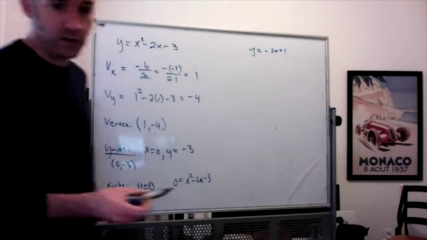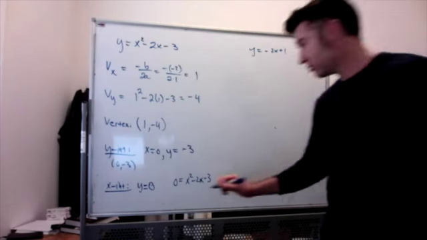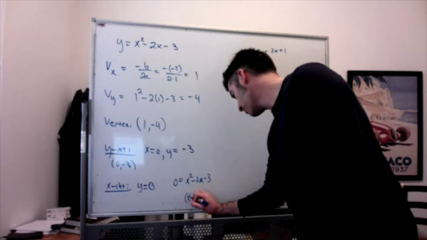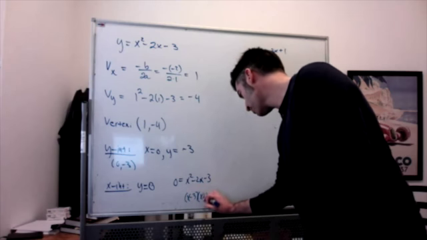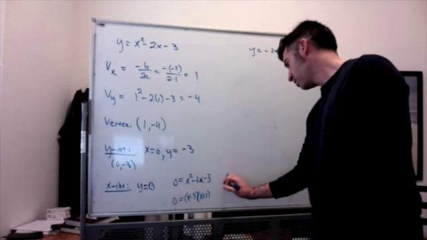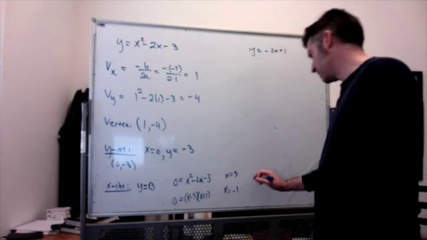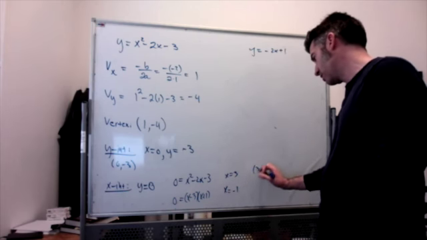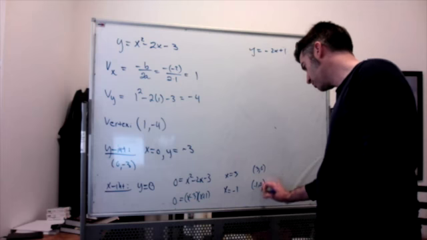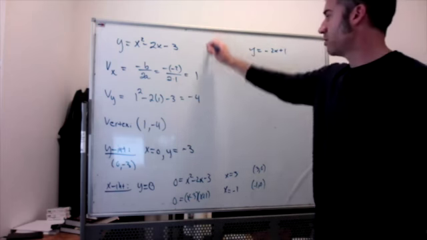This does factor. It factors as x minus 3 times x plus 1. So our solutions are x equal to 3 and x equal to negative 1, which means our x-intercepts are 3, 0, and negative 1, 0.